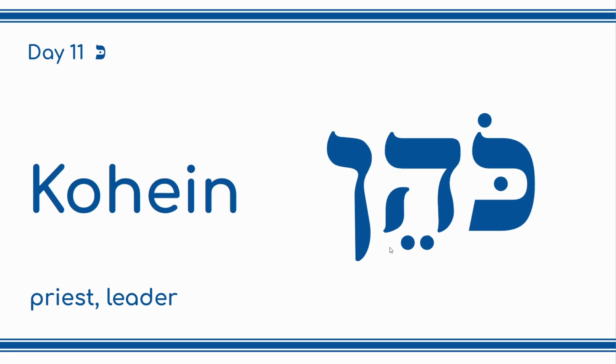It doesn't make a big deal when you can't tell whether it means priest or leader in that sense. So just keep in mind that this word can have two meanings, because even King David's sons were called Kohen. This word was used for them in the Bible. But we know that David's sons were not priests. They were princes or leaders in Israel, right? So this word can mean two things.